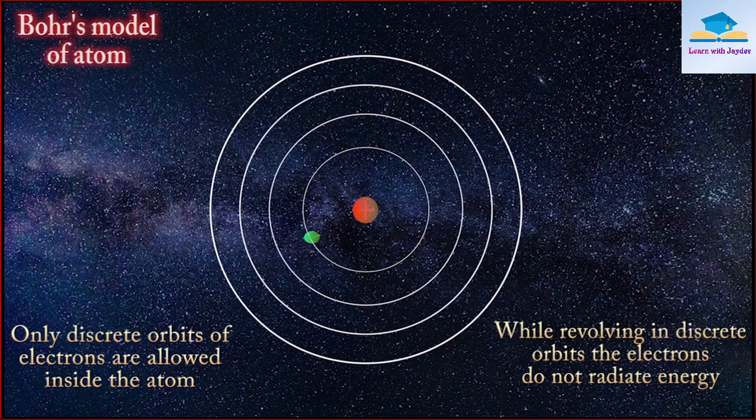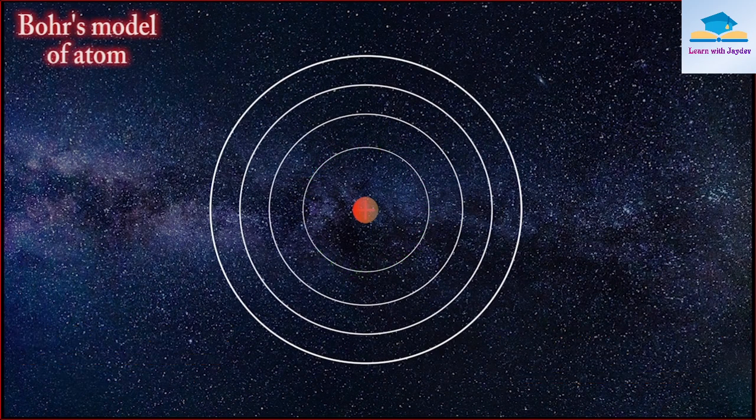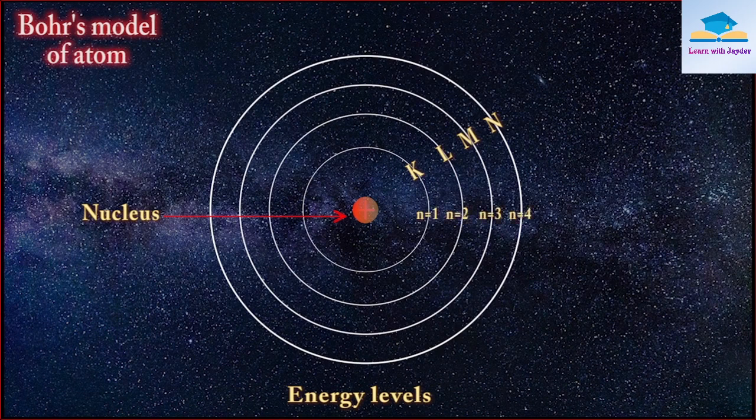While revolving in discrete orbits, the electrons do not radiate energy. These orbits or shells are called energy levels. These orbits or shells are represented by the letters K, L, M, N, or the numbers n equal to 1, 2, 3, 4.